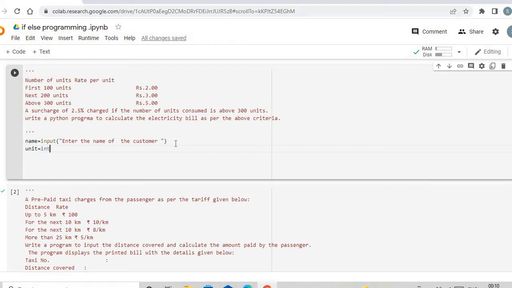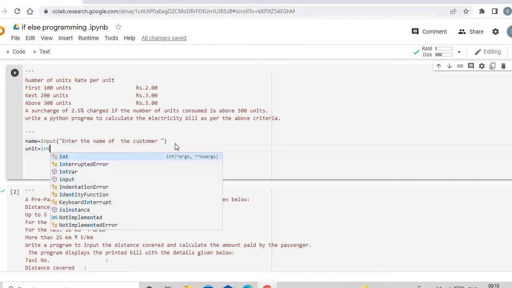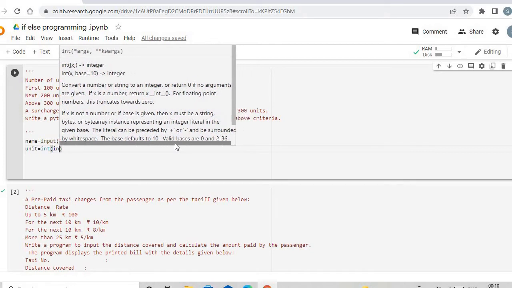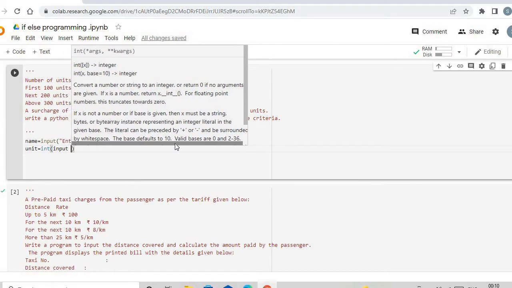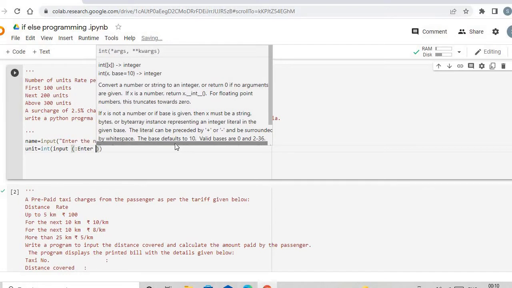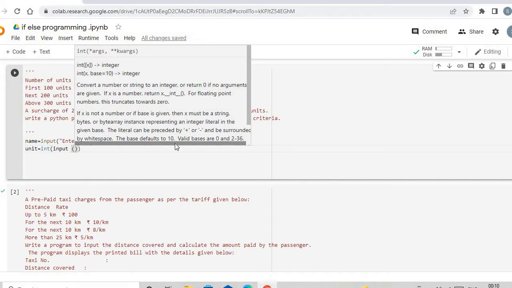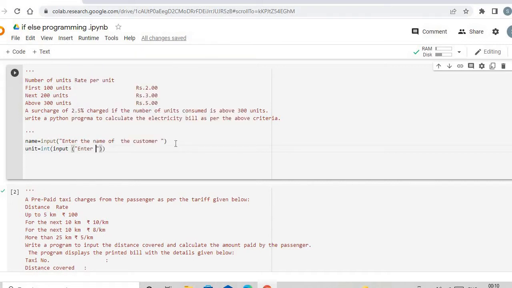As this is an integer, we have to typecast it using int, and then accept the value from the user with input: enter the number of units consumed. Why am I making so many mistakes today? These are the two inputs that we have to take from the user: the name of the customer, and the number of units consumed.